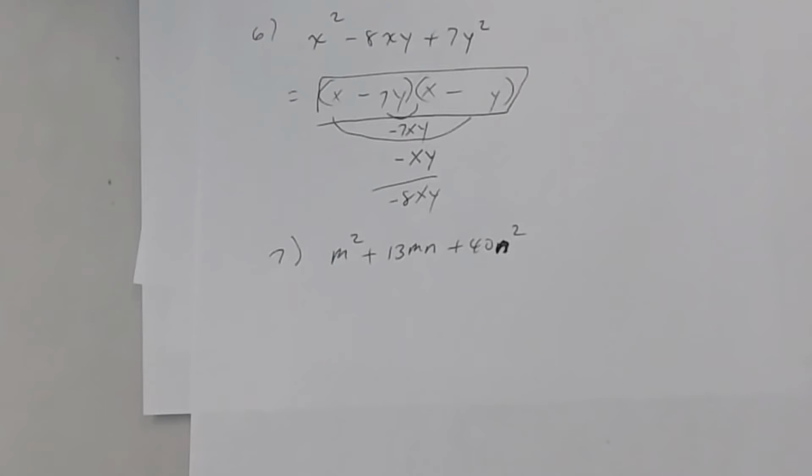All right. So first thing you should always do, GCF. What's the GCF of those 3 terms? 1. All right. What's the next thing? Factored as 2 binomials. Okay.